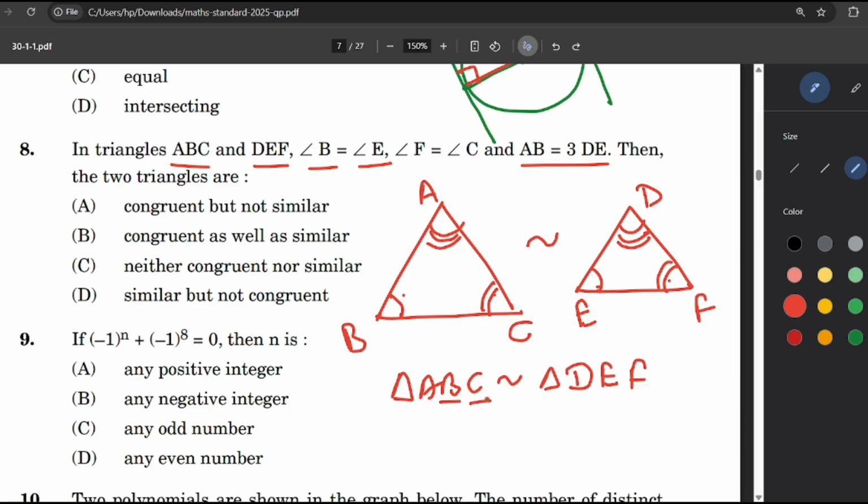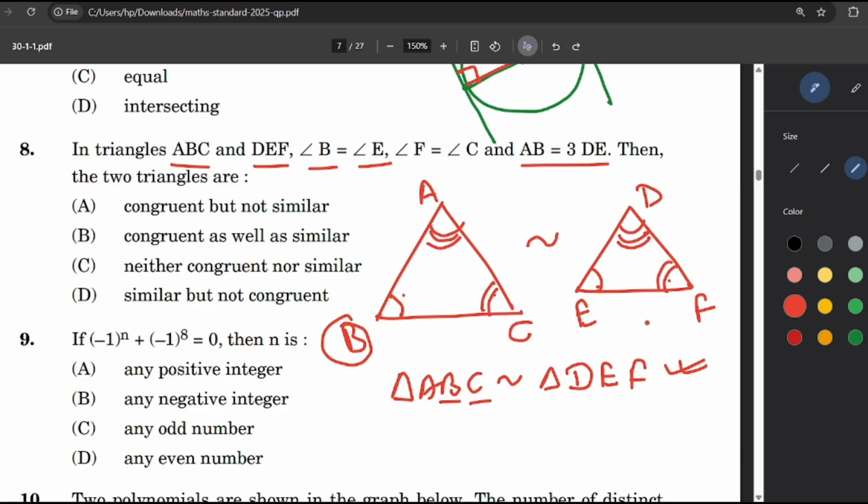To name these two triangles in this way, we must have knowledge about corresponding angles. And how did we know about the corresponding angles, that B is corresponding to E and C is corresponding to F?